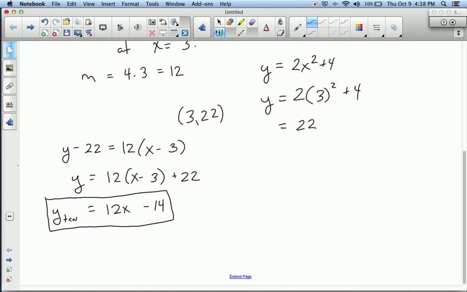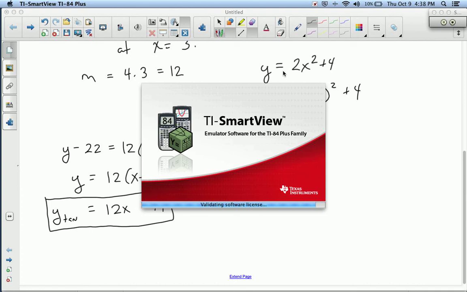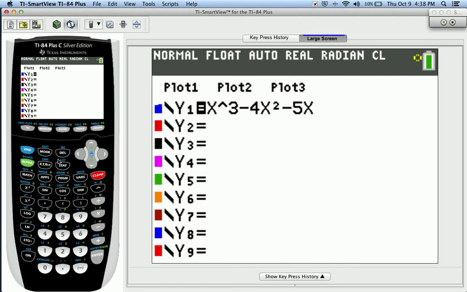Now let me show you something else here. We'll get a quick visual of this. Remember our equation was 2x squared plus 4, and our tangent line is 12x plus 14. So I'm going to go in here and type in 2x squared plus 4.